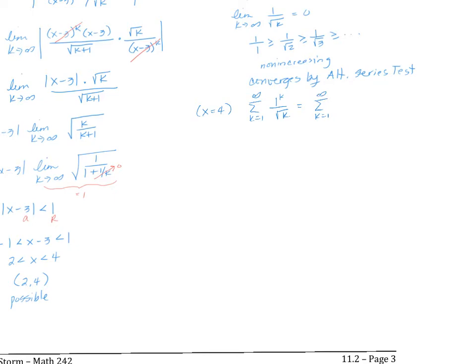I'm going to rewrite this 1 to the k as simply 1, and k to the 1/2 is a p-series, where p is equal to 1/2. And since that's less than or equal to 1, it diverges. So we have a divergent p-series. When x is equal to 4, my series does not converge.